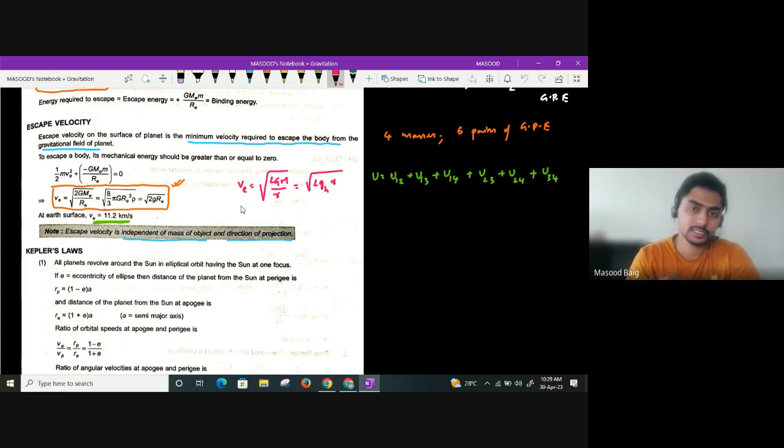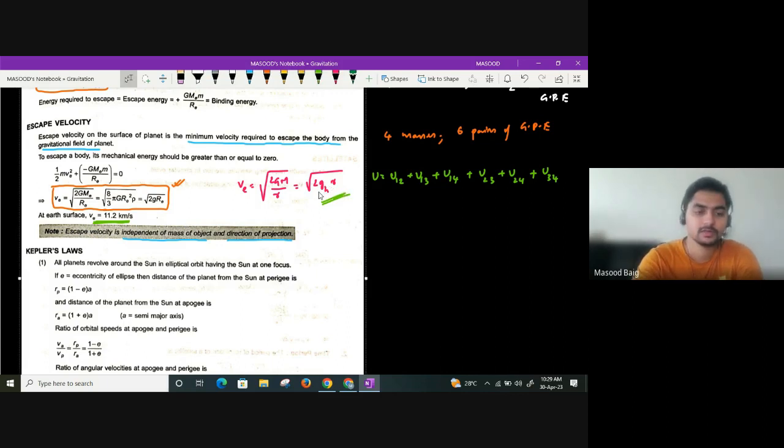If the object is on the surface and you give it a speed of 11.2 kilometer per second, in whichever manner you give it, the object will escape. And if you are giving it from a certain height h, or from any point, then escape speed will be root over 2GM by small r, or root over 2g at height h into small r, guys. Clear, all of you? Yes or no? I hope it is clear.